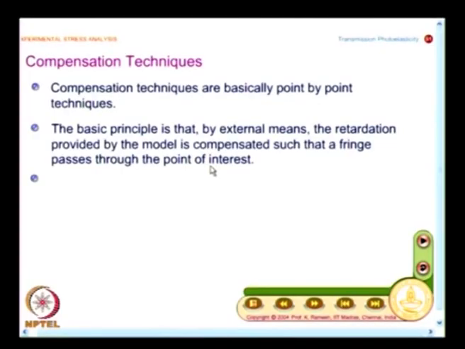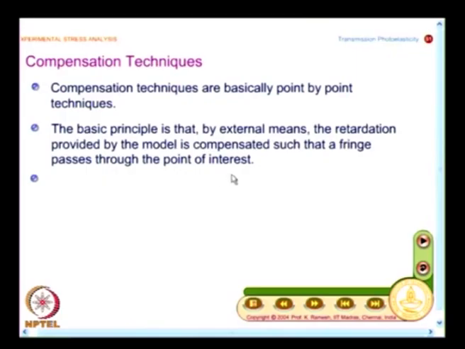So, the principle is you make the retardation at the point of interest, with the compensating device, equal to a full wave plate. If you employ a dark field, that is so; if you employ a bright field, you can also have intermediate values. So, the basic principle is by external means the retardation provided by the model is compensated such that a fringe passes through the point of interest.